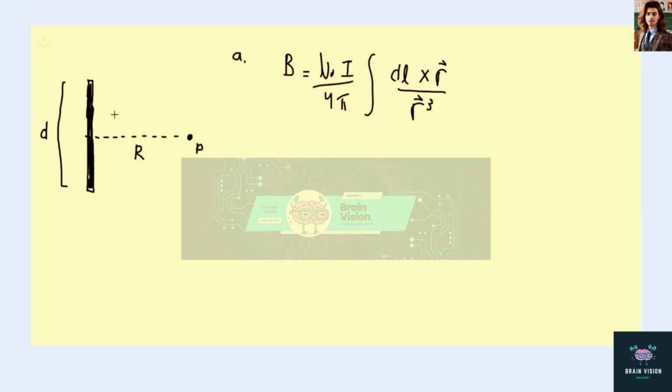So let's start filling in some of the variables and coordinates we're going to use here. I'll mark in our arbitrary little spot dl here. That means this vector would be vector r, the distance from dl to point P. And we'll set up our coordinates.